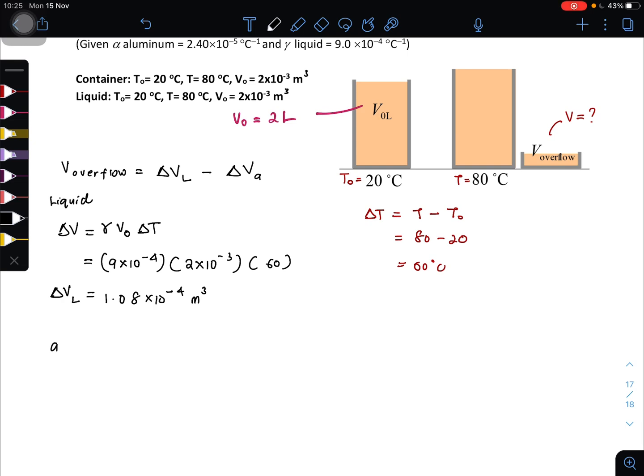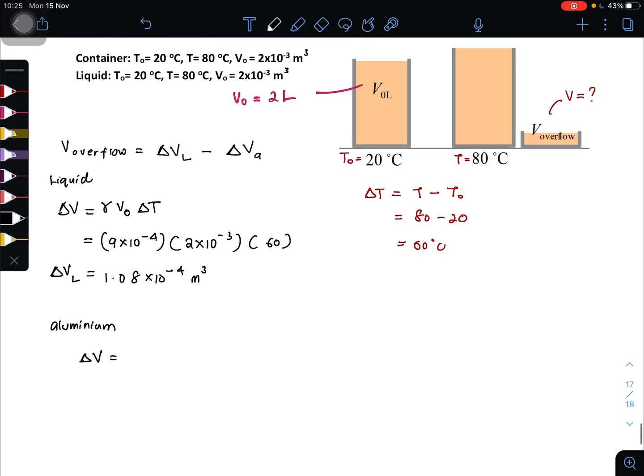And then for the aluminium, so gunakan formula yang sama. Delta V adalah sama dengan gamma, bukan mega, gamma V naught delta T.